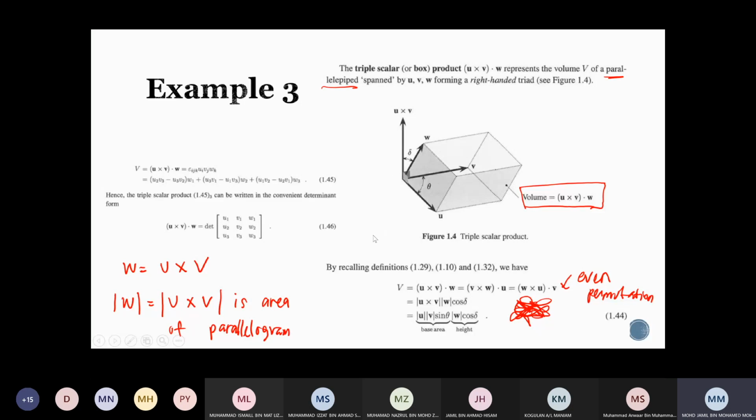You can try exercises in the book, I posted some books in Kalam, or you can also try the exercises in the sample midterm exam. You can try the first question, which is related to vectors. Any question before we end this lecture?